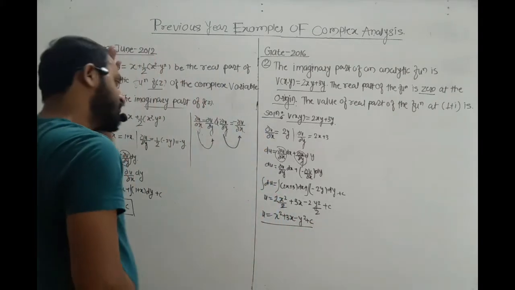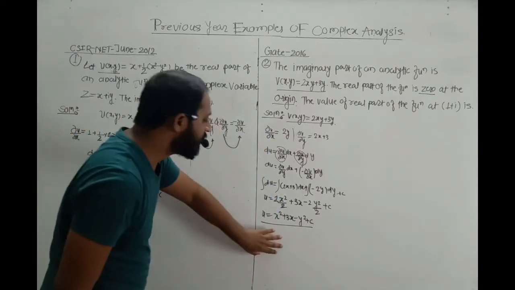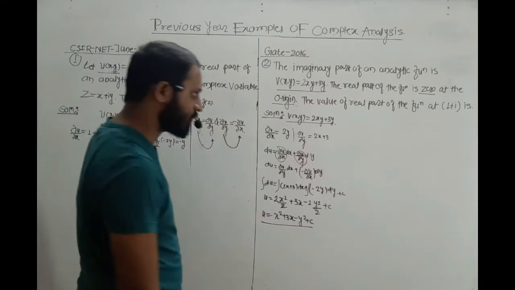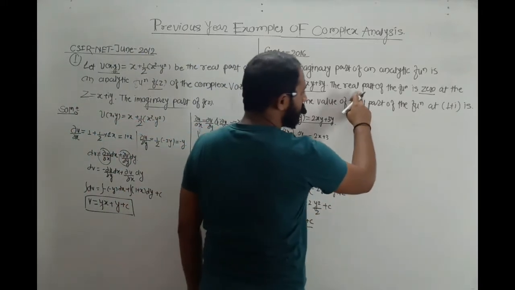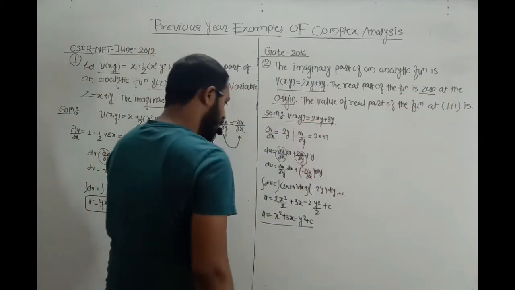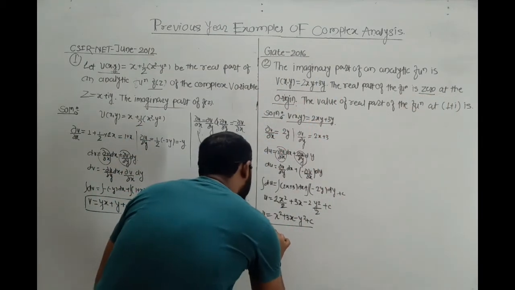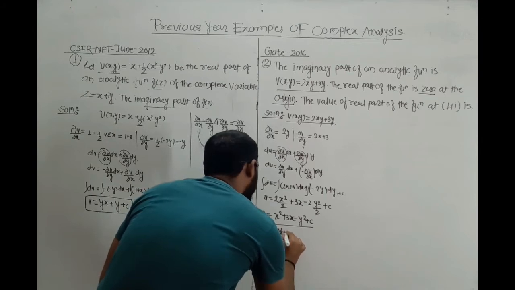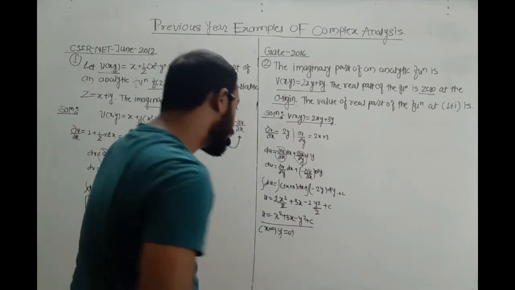Okay, as usual method we found the real part, but now see they have given that the real part of the function is 0 at the origin. That means if x equals 0 and y equals 0, this is the origin case.